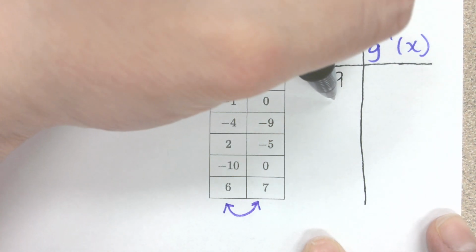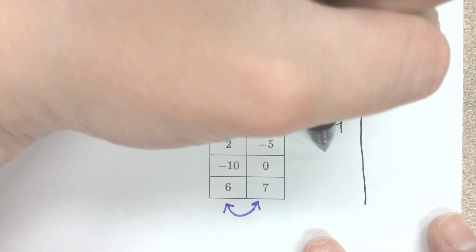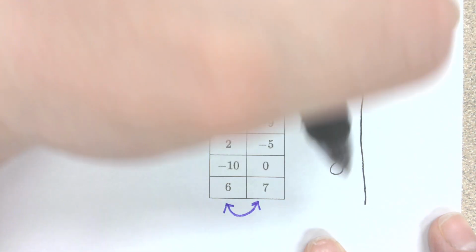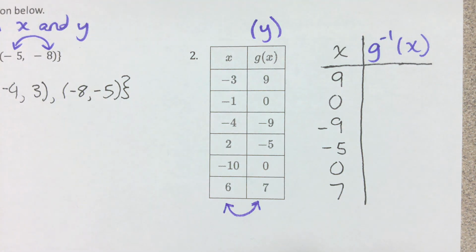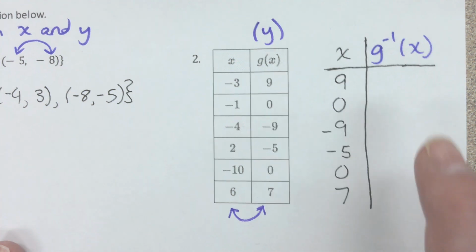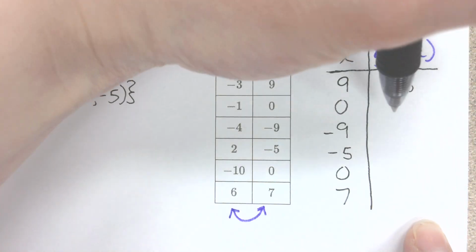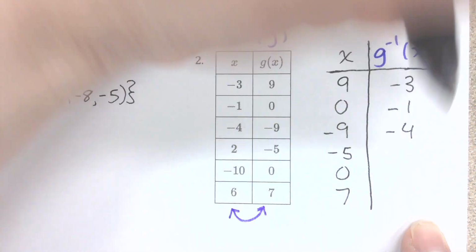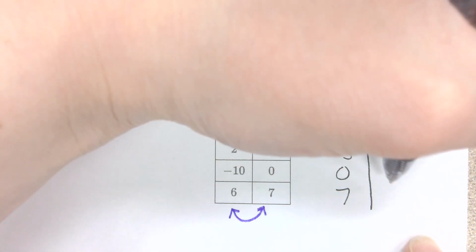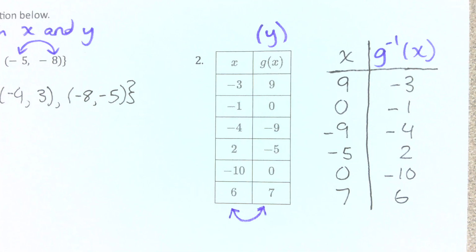We have 9, 0, negative 9, negative 5, 0, 7. And now for the right side, I'm going to copy down the left side. Negative 3, negative 1, negative 4, 2, negative 10, 6. And that's our answer. That's all you have to do.